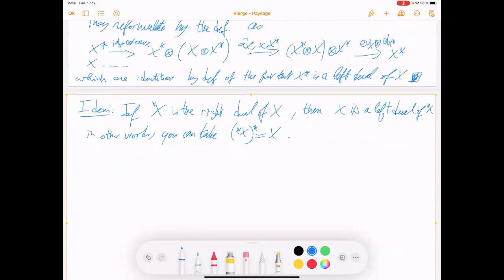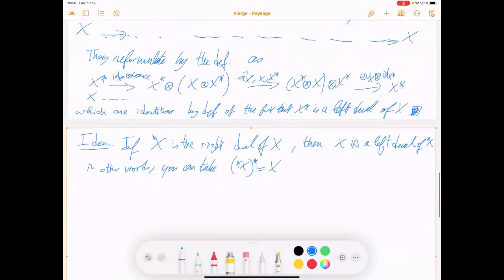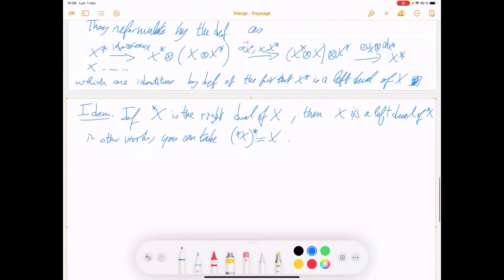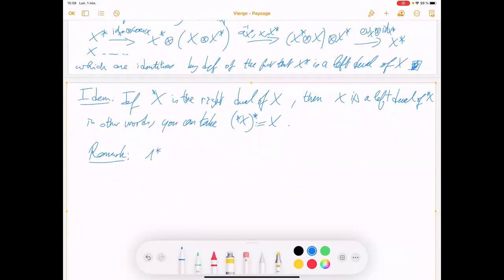And so again, another remark. The dual of 1, equal to the left dual of 1, is equal to the right dual of 1, is equal to 1.